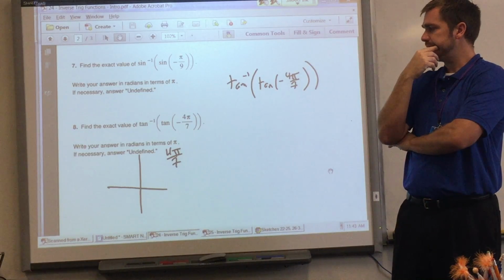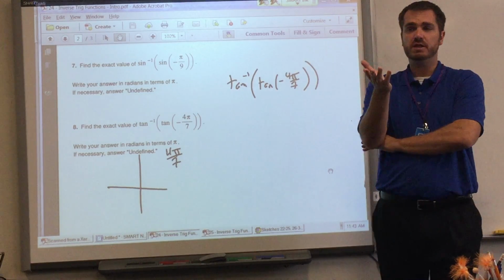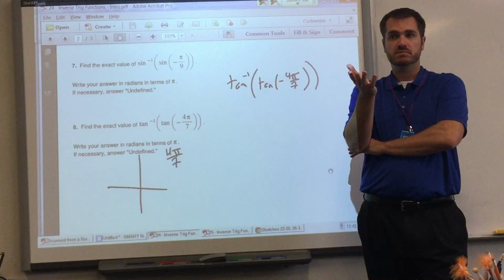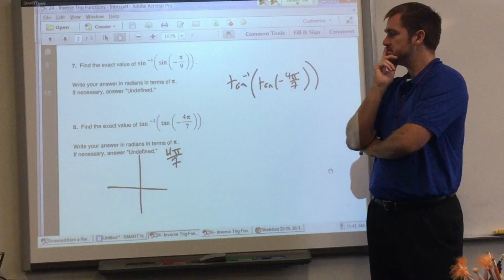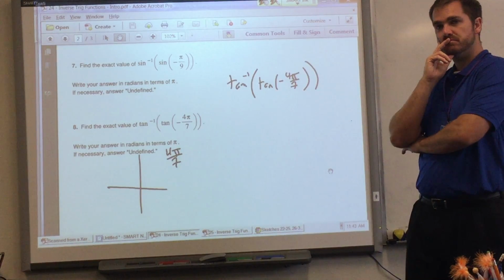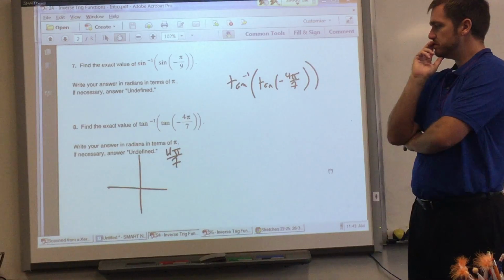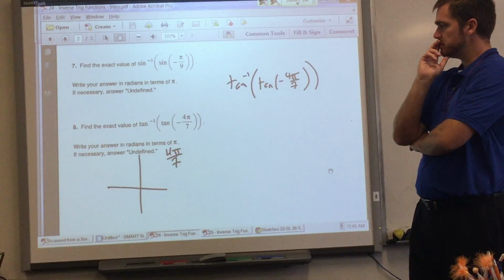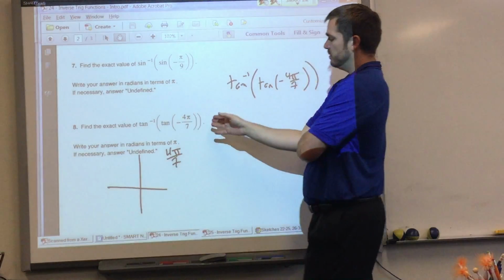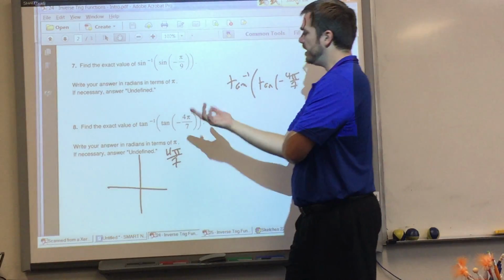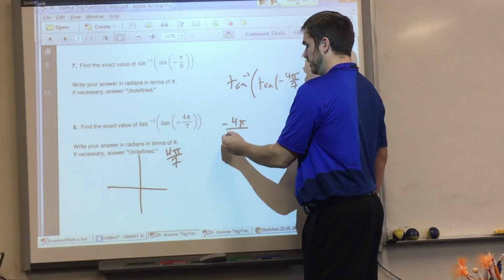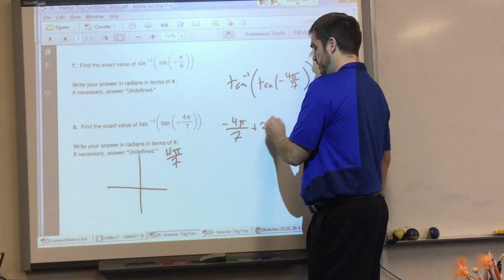Should we turn it into degrees? Isn't this like where you have to add or subtract 2 pi to make it down to where it's in the circle, like if it was over 360 degrees? Possibly. Yeah, we could do that. So you're saying negative 4 pi over 7, you just want to add 2 pi to it?